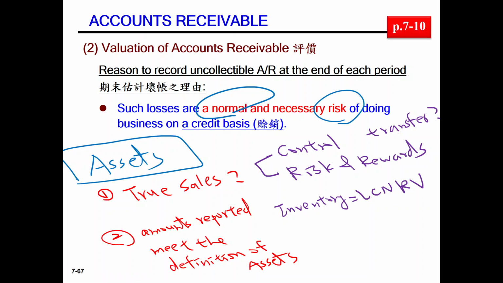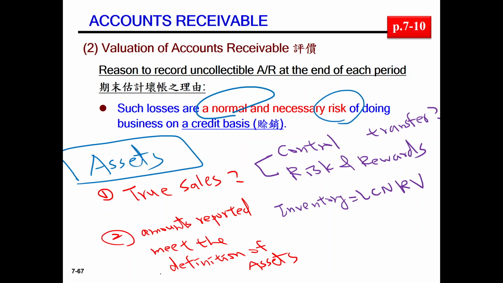So we use LCNRV to make sure we report an amount that provides future economic benefit, right? So if your cost is higher than NRV, for the difference we report a loss, right? Okay?